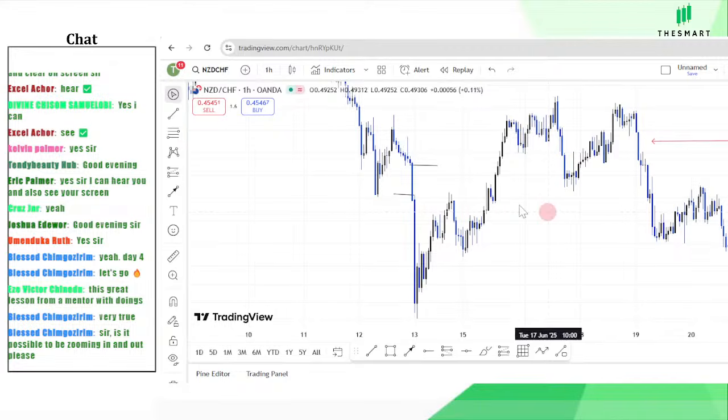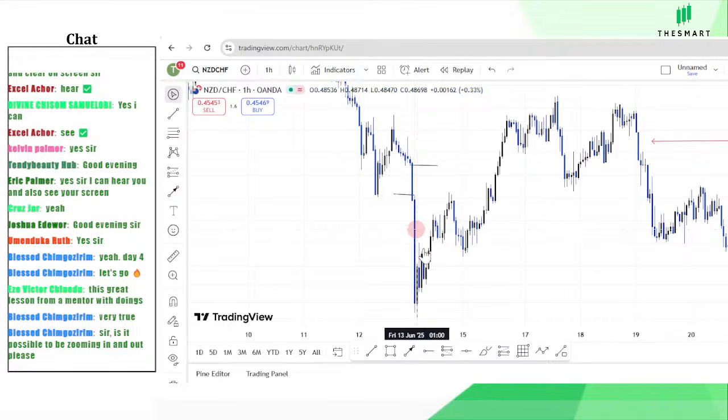If you look at the way this price crashed down to the downside at this point, you see the force to the downside was stronger. Then look at this retracement to the upside. It was kind of like in a chubby range. But look at this one to the downside. It was an impulsive move to the downside.